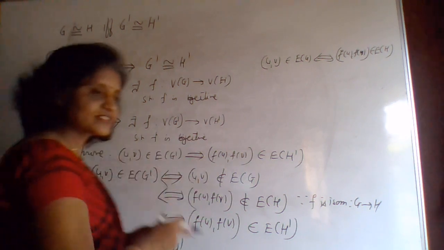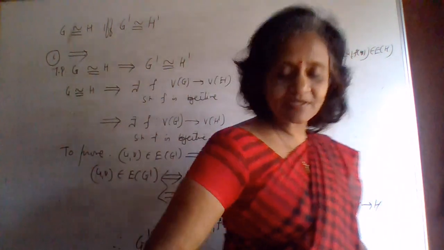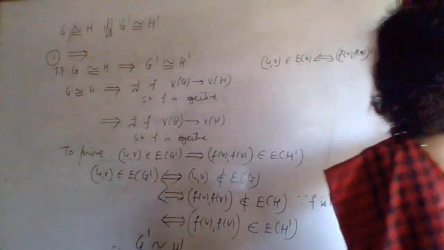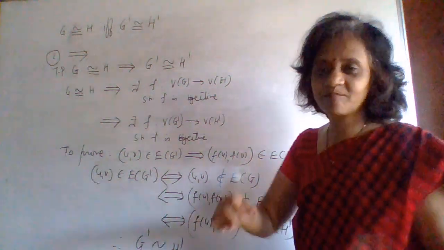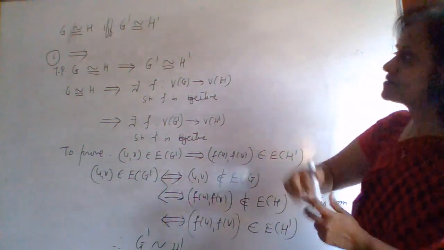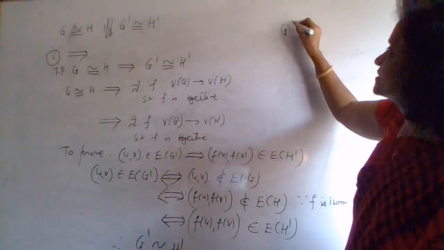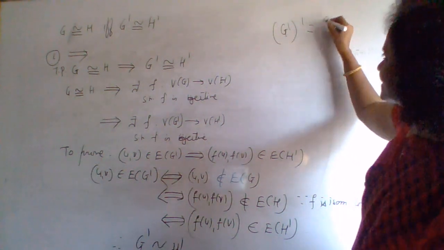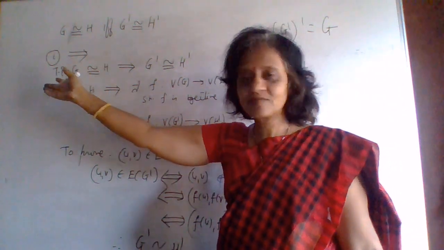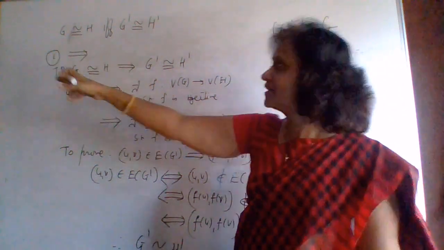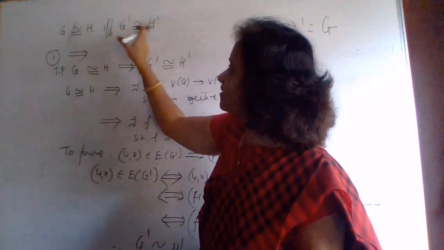You have to prove the reverse way. To prove the reverse way, don't you think it is just easy to prove that the complement of the complement is the same set? If I prove G dash dash is G, automatically it gives us the reverse result. This complement is this, and this complement is this.